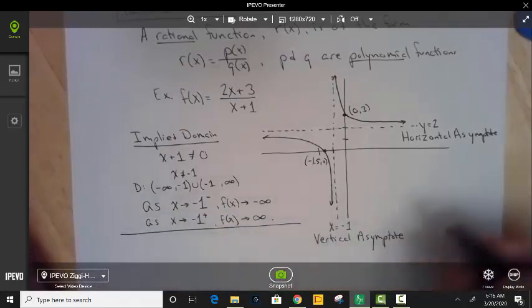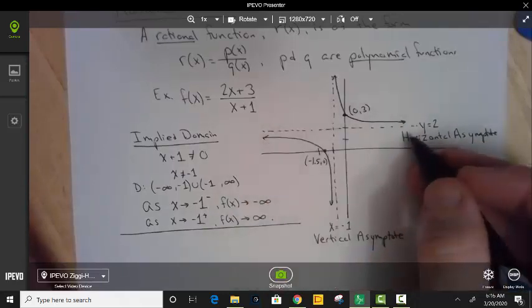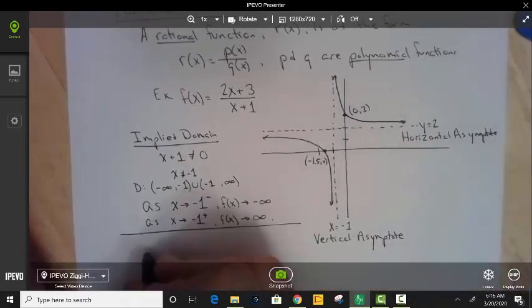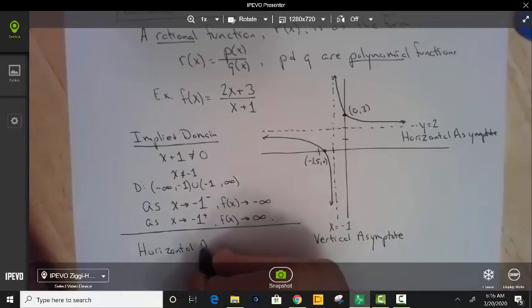So now the horizontal asymptote, y equals 2. That is the behavior of the function, and that has to do exactly with end behavior. The horizontal asymptote at y equals 2.